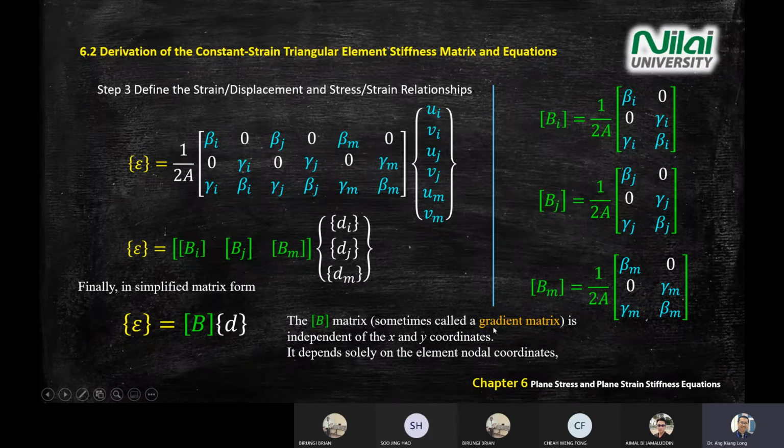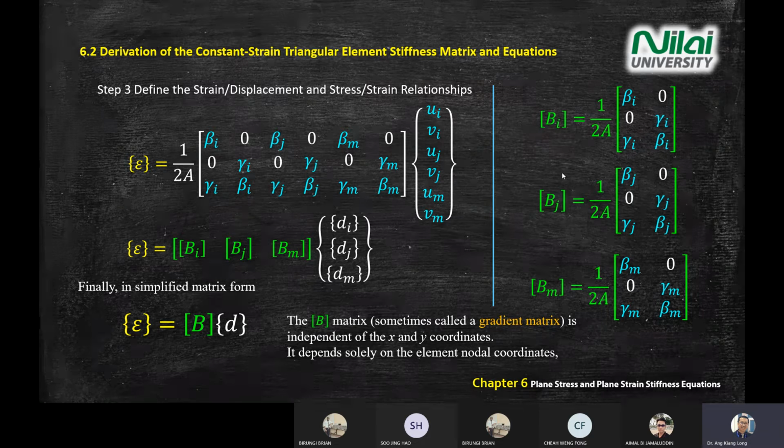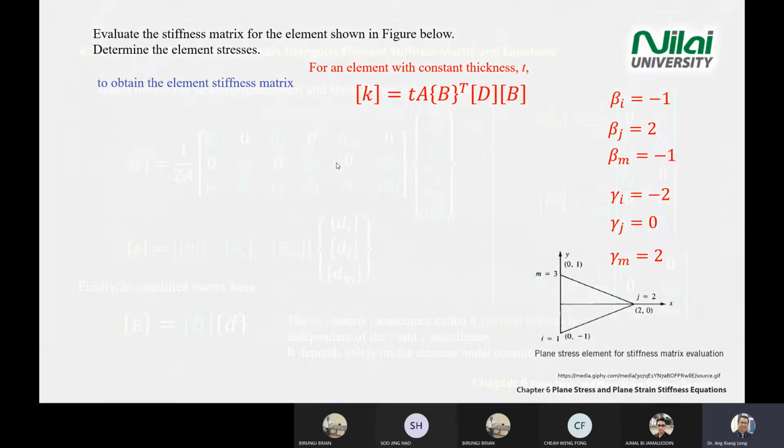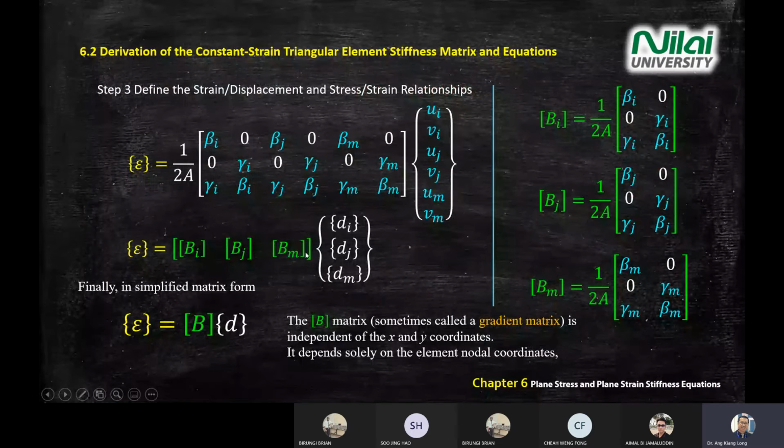B matrix, just a side note, is also called gradient matrix. But anyway, what is important for you is these 3 equations, right? Just substitute the value. So your beta will equal this form, after you combine these 3 matrices.